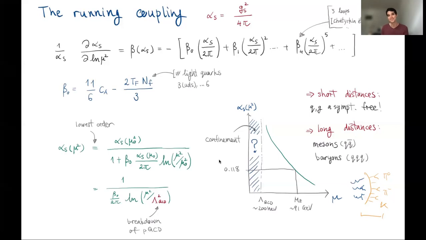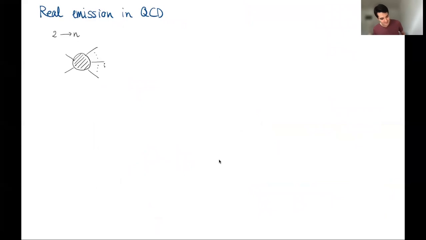Why do the jets look like we see them? And for this purpose, let me look at the real emission. So let's consider this parton, this 2 to n scattering, and attach another emission to this.